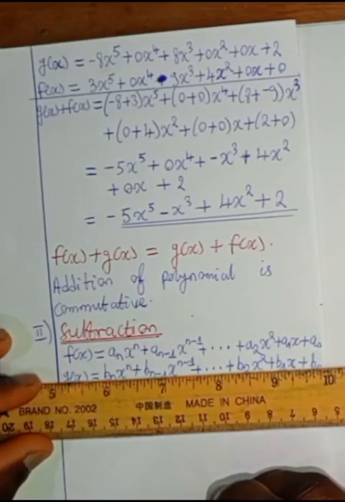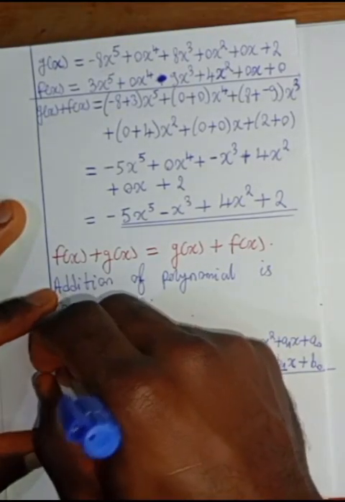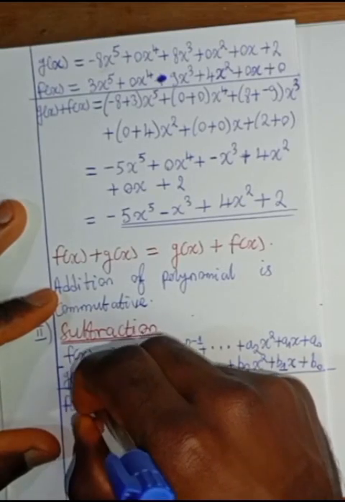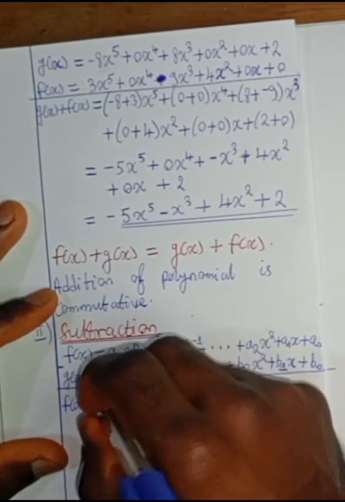We need to subtract with the subtraction sign. Below we write down f of x minus g of x.